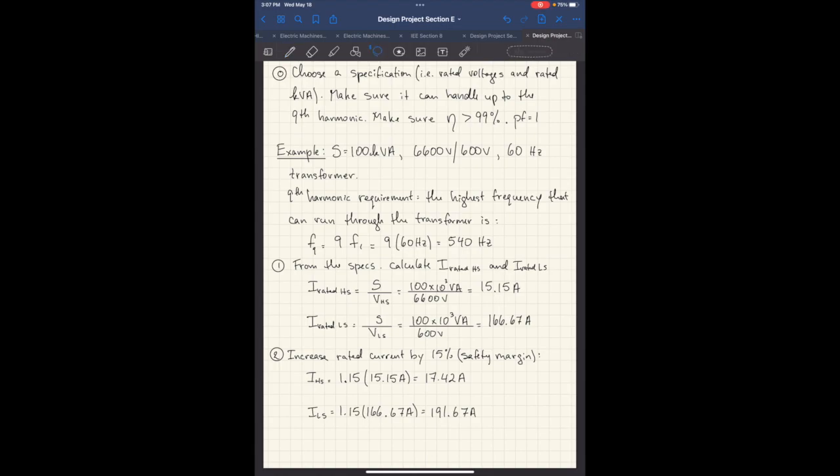So then, this is still part of step 2, we're going to select the cross-sectional area using the rule of thumb.